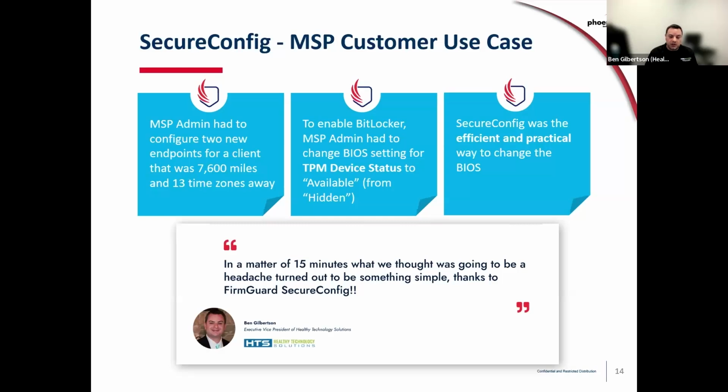I worked with my engineer here, got the 2 laptops online, got FirmGuard installed, and utilized SecureConfig to simply check a box and enable TPM. From there, it was just a simple save, and the computer did the rest. It rebooted, came back up, and we walked through and enabled BitLocker.